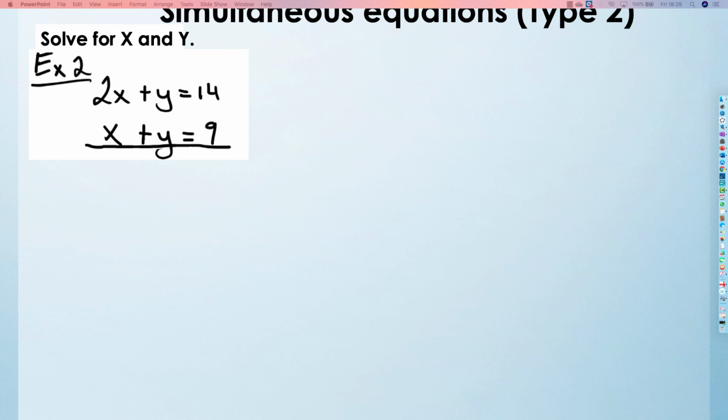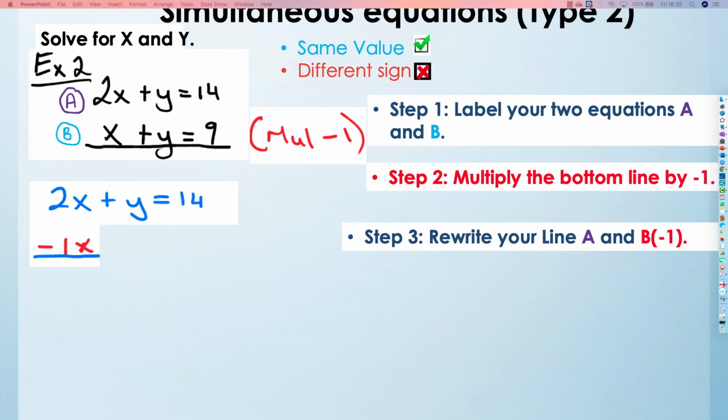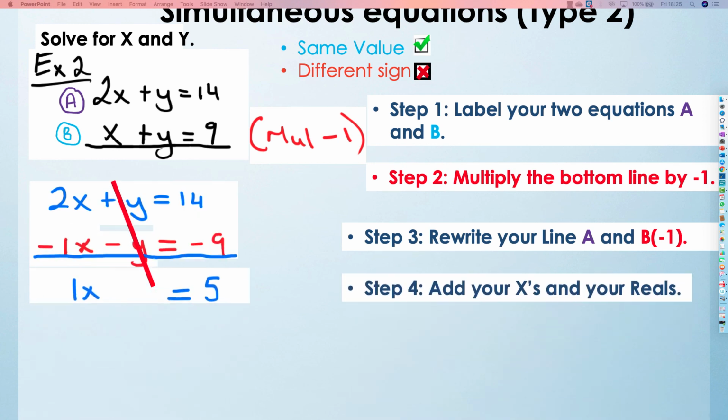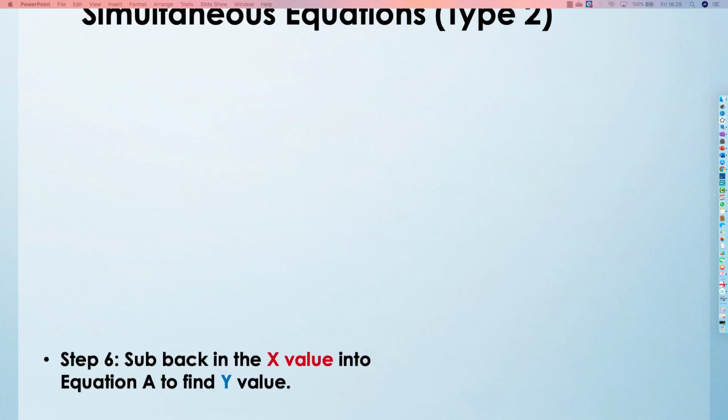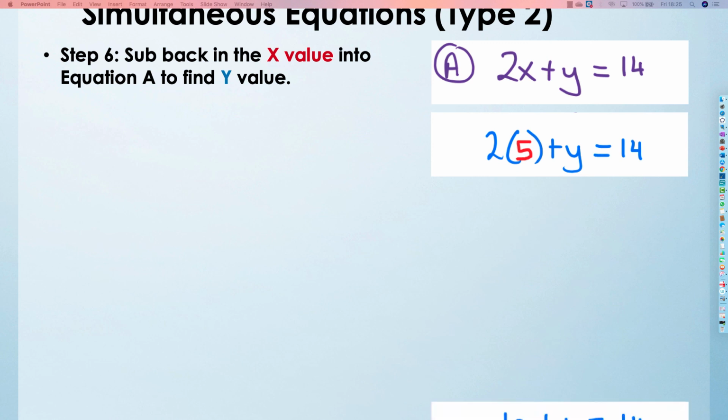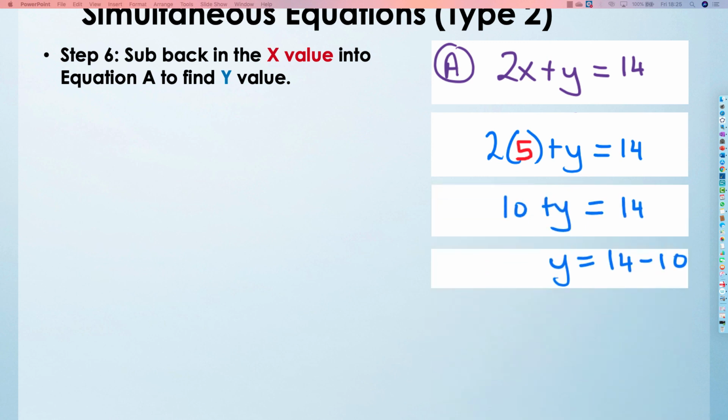Let's look at it. I cancel my y straight away. 2x minus 1x is x equal to 5. So we're back into your top line. 2 times 5 plus y is 14. 10 plus y is 14. Y is equal to 14 minus 10. Y is equal to 4. 5 and 4.